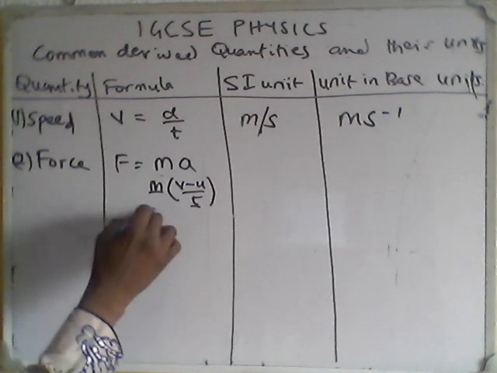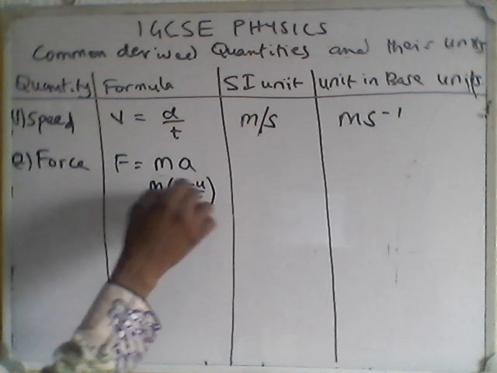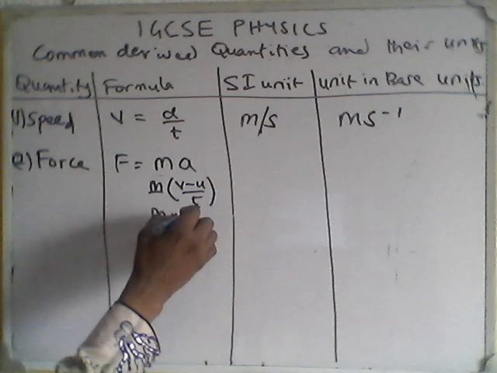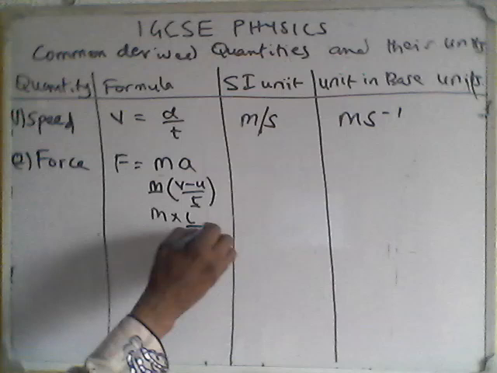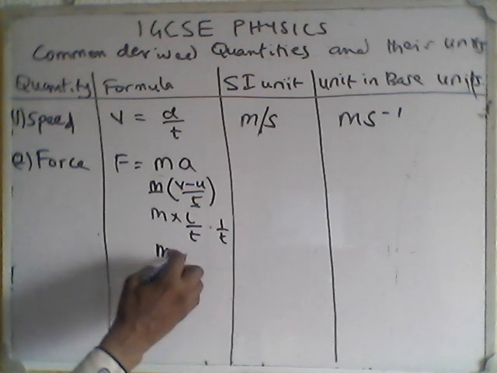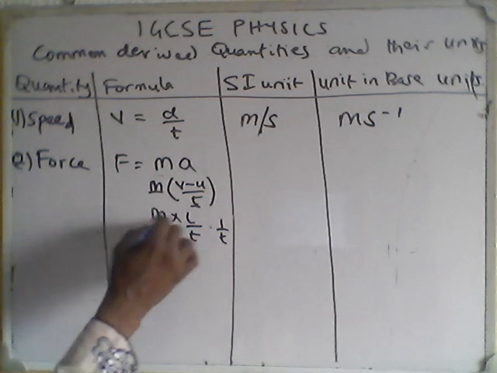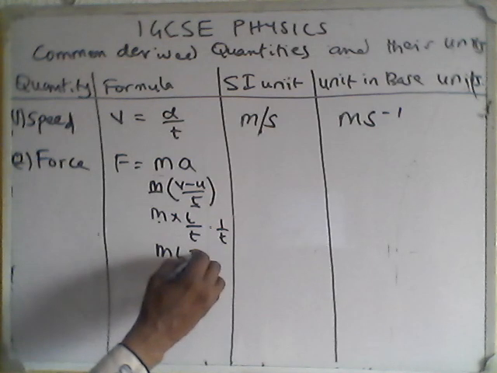So you see that I have m times length, which is distance, over time, then over time itself. So I have m times L times t raised to power minus 2.